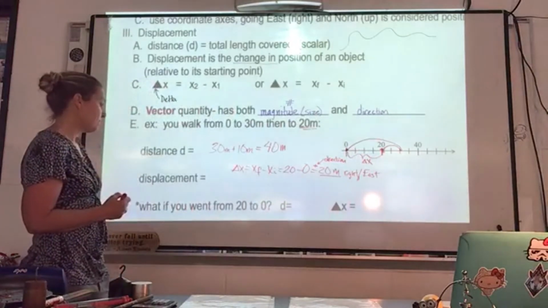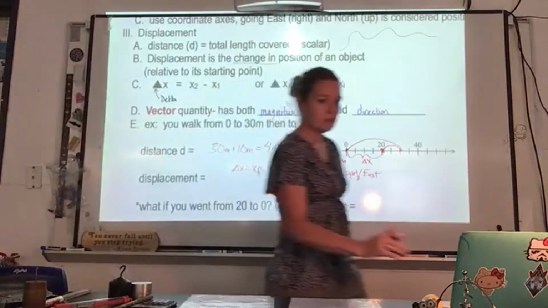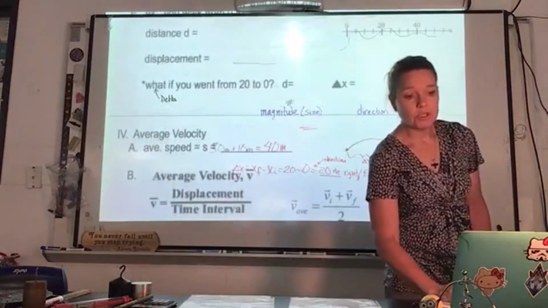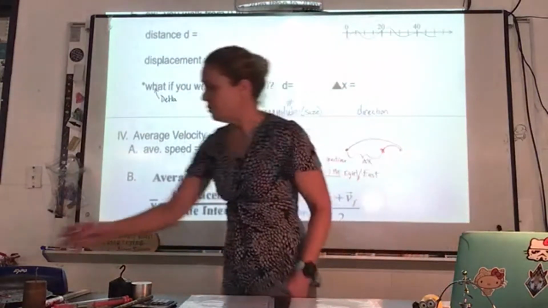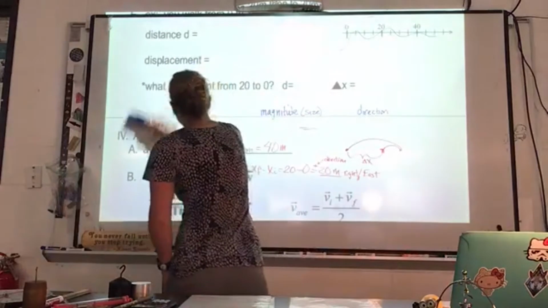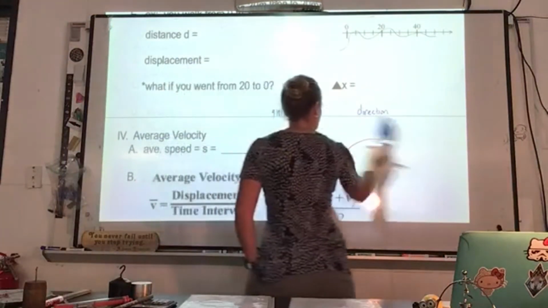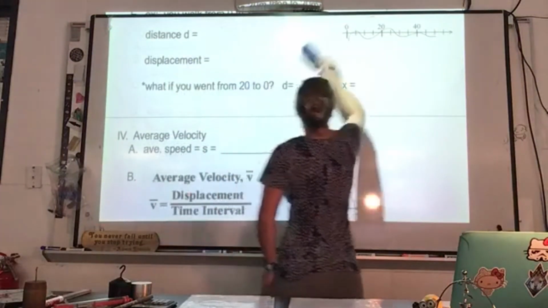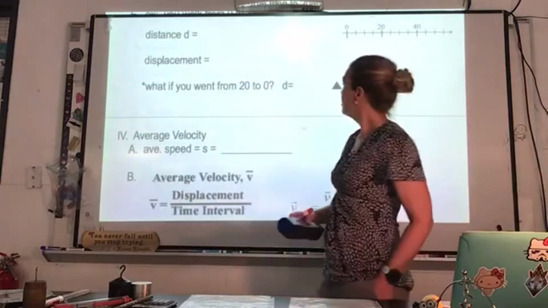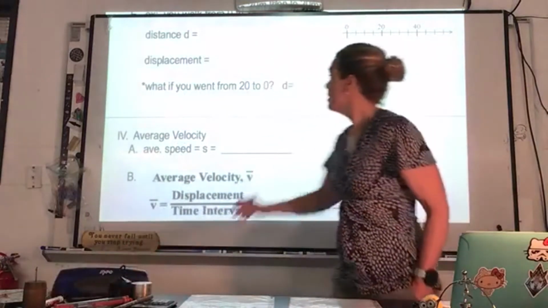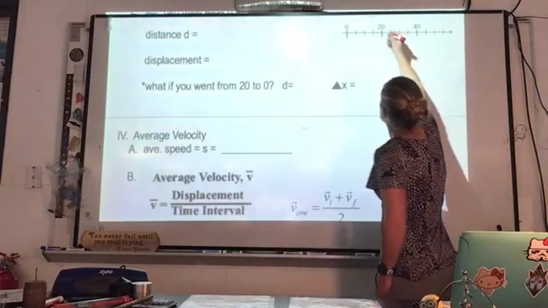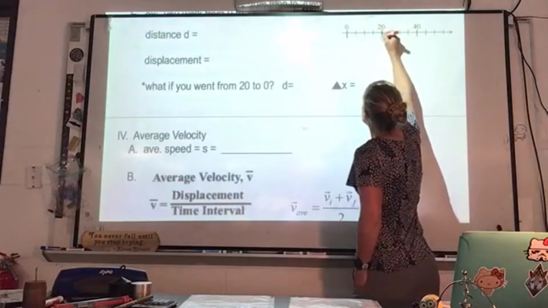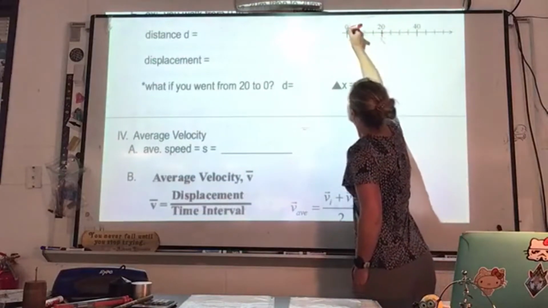All right. Let's do some more problems. The more you see, the more you kind of understand the concept, and the more kinds of questions I can ask you, and you're going to get them right. So what if this time I went from 20, this is my starting point, my initial, and I went to 0?